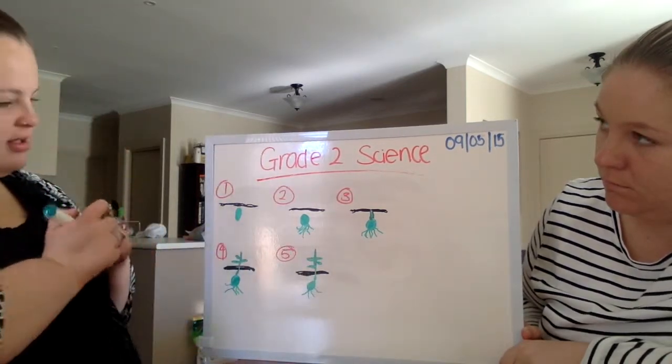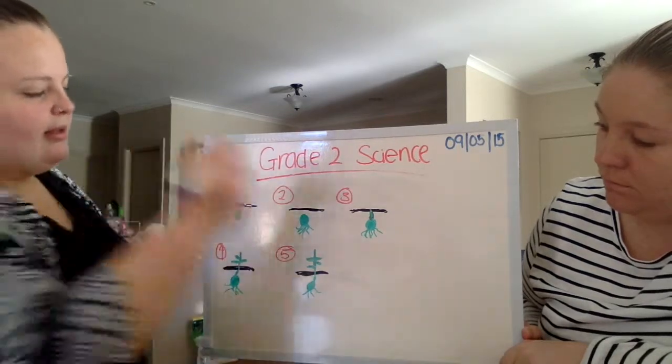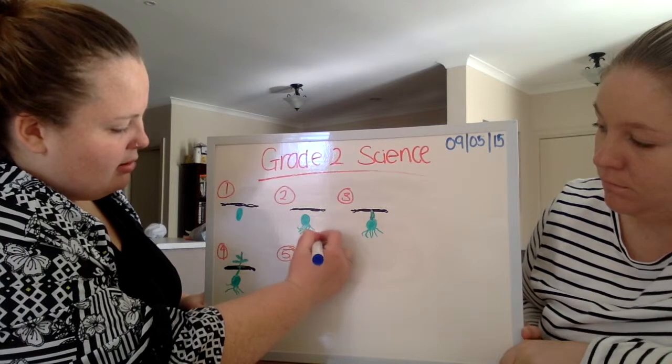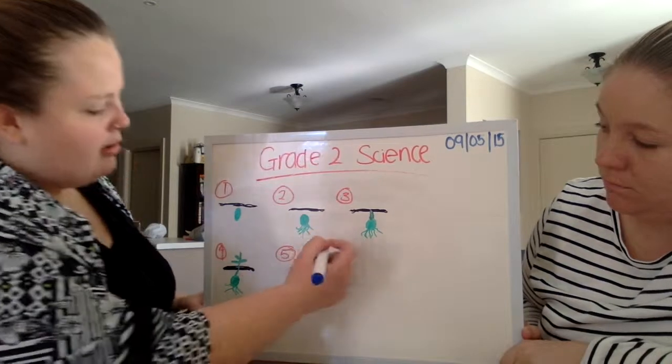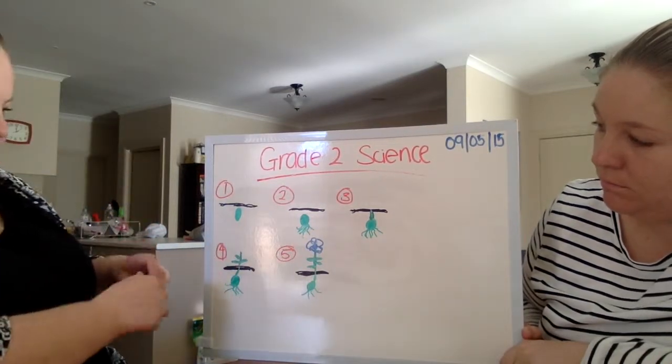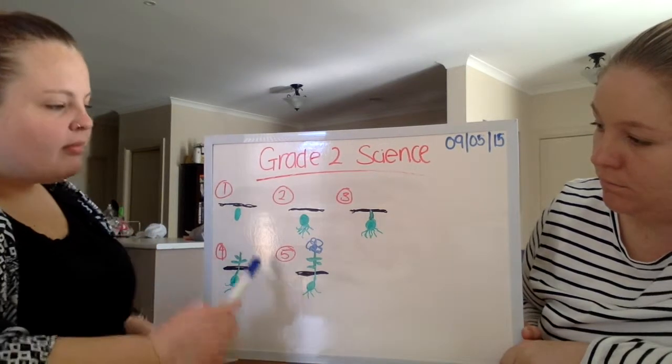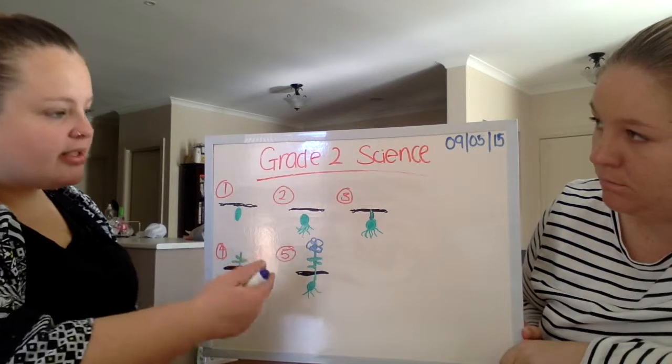So I'm going to use a different colour here. So now my plant has grown into a beautiful flower, and something then happens. The flower actually reproduces seeds.